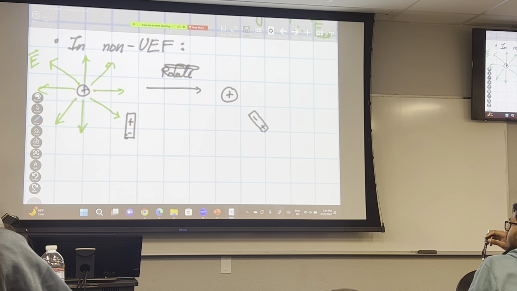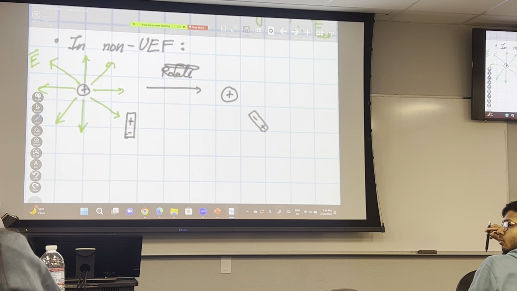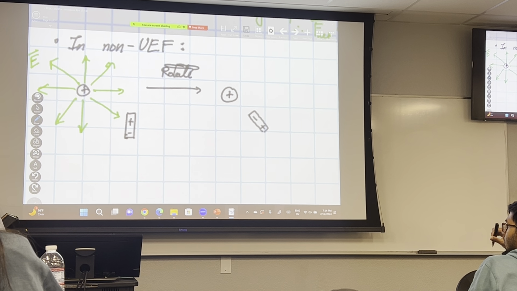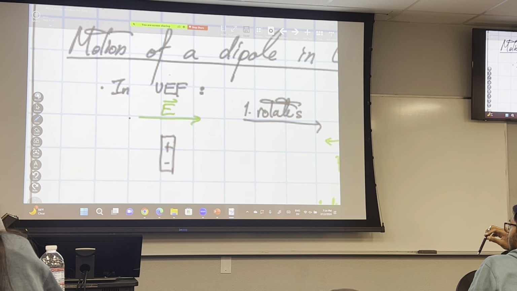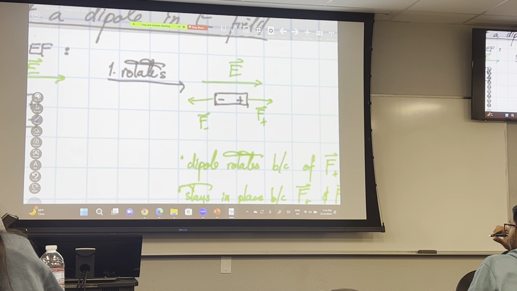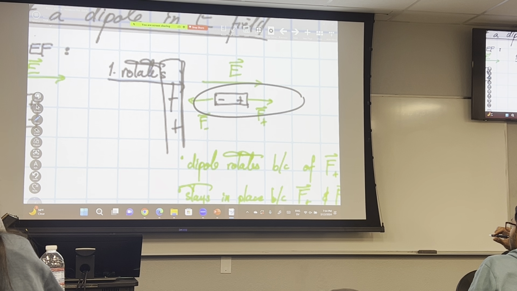So this is it? Will it hold the negative towards the positive now that it's facing it? I mean, yes, but why? Because now there are two attracting charges, a negative and a positive.